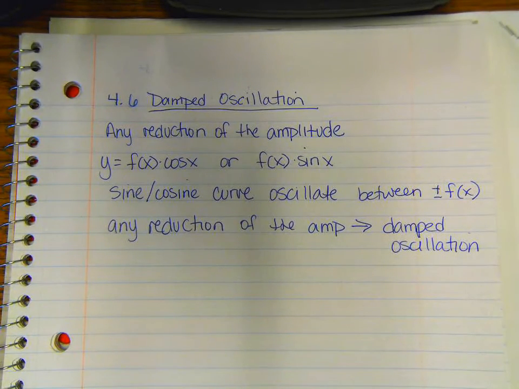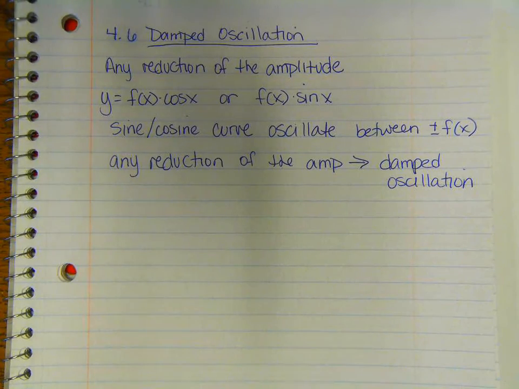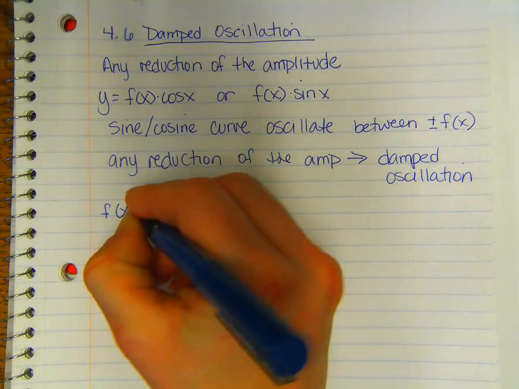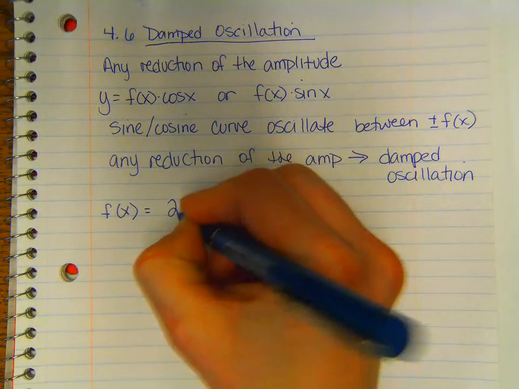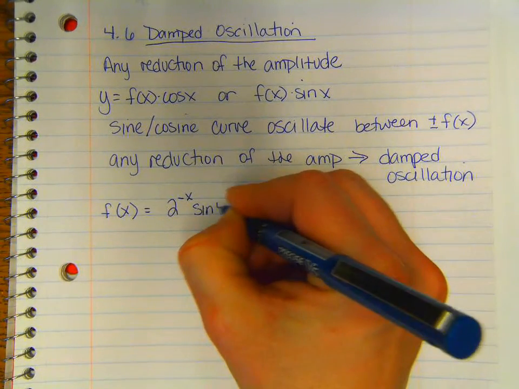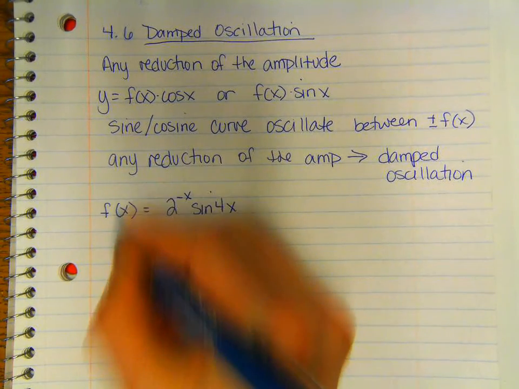So I would like us to take a look at 3 different equations, and then we're going to just leave some space in between them, okay? So the first one that we're going to take a look at on our calculator is f of x equals 2 to the negative x sine 4x. Then let's leave some space.